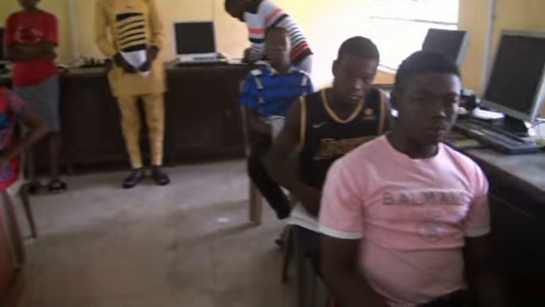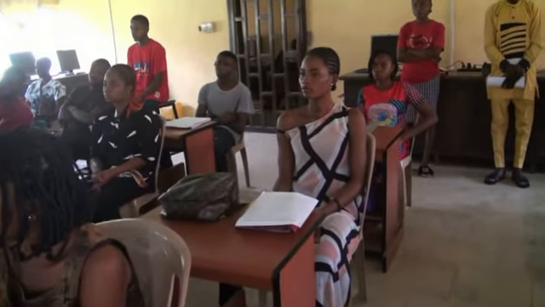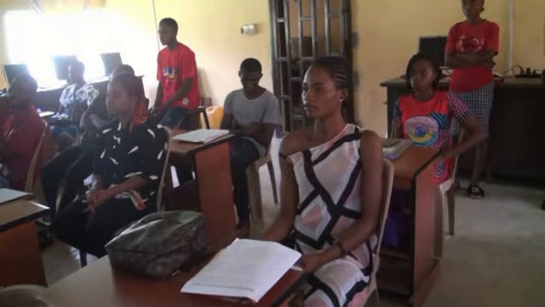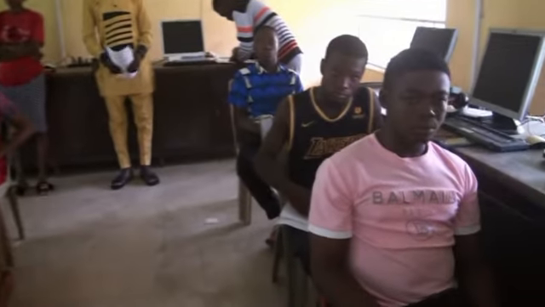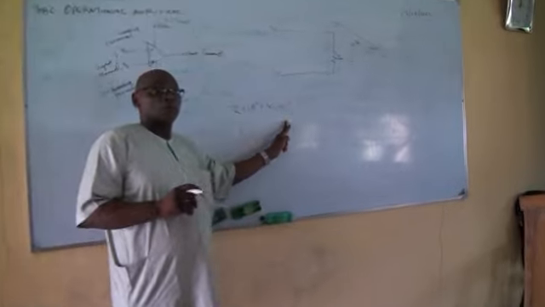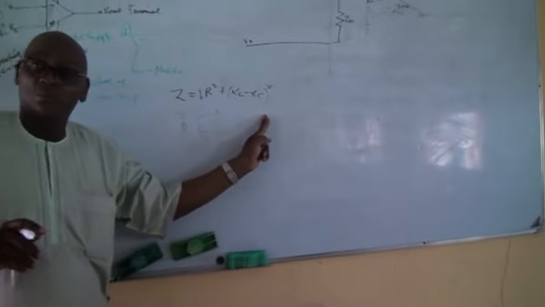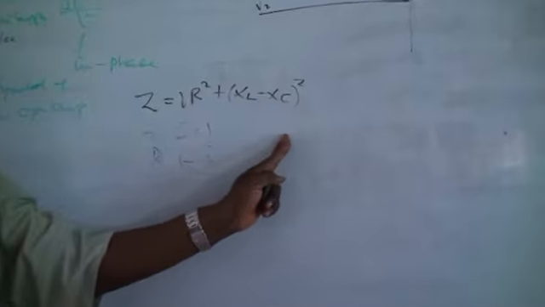Impedance and resistance are quite similar, but the difference is that impedance requires a reactive component. Both are measured in ohms. But the difference is that impedance has a reactive component, which is an inductor or a capacitor. Have you seen the difference?